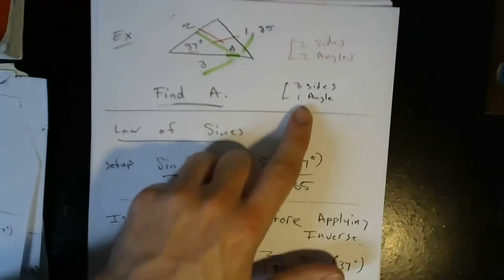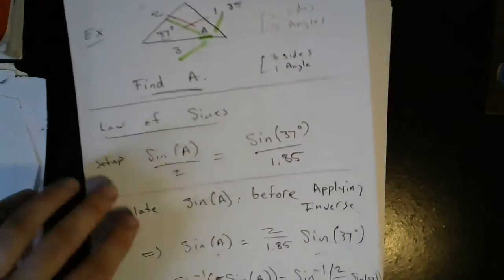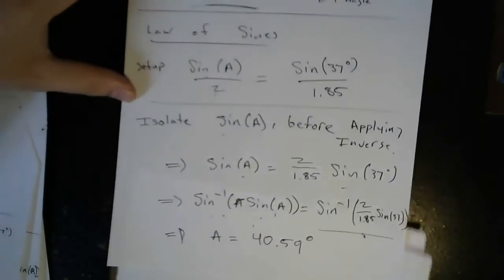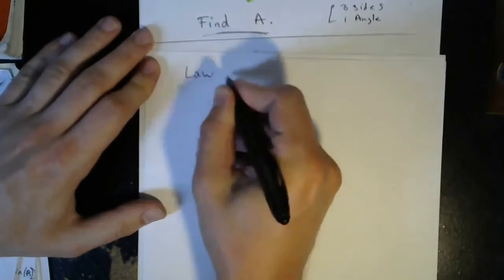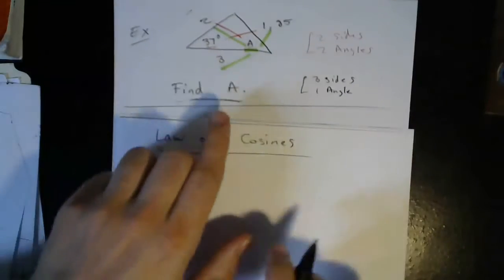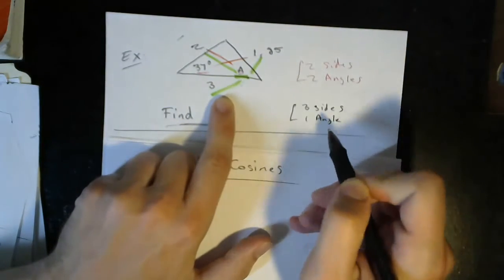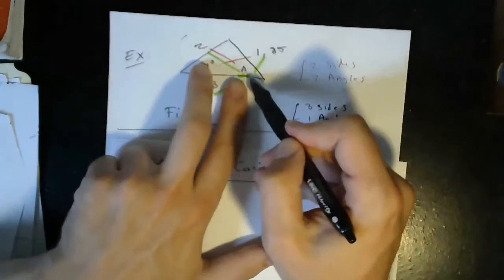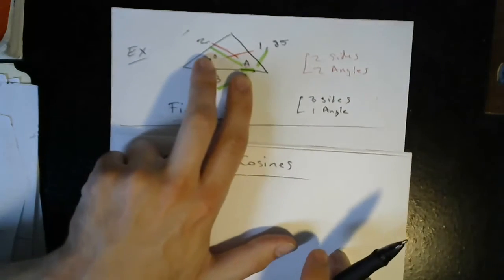However, I mentioned we can also use the law of cosines. And so I'm going to go ahead and do the same exact problem using the law of cosines now. So law of cosines. Remember, the law of cosines is in green here. We have a single angle and 3 sides. And the key with the law of cosines is that the angle and the side pair are on opposite sides of the equation.